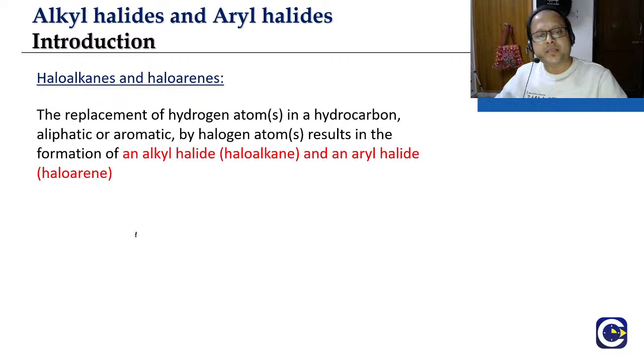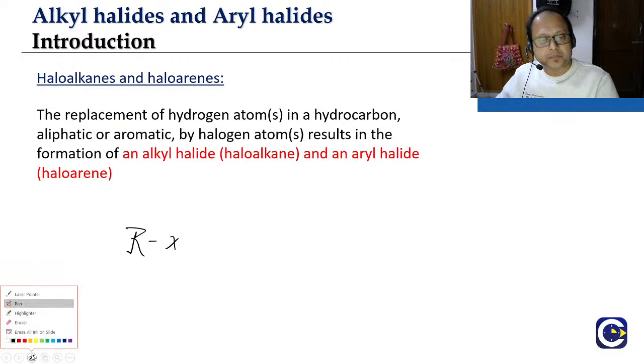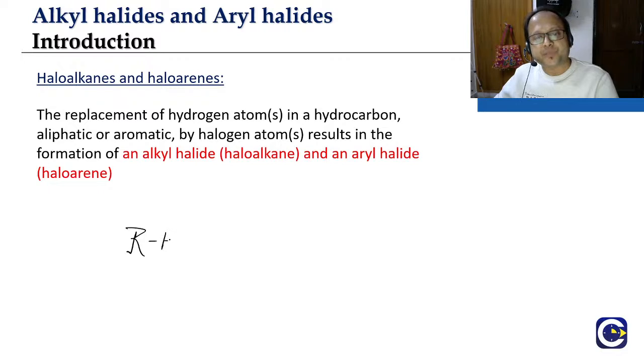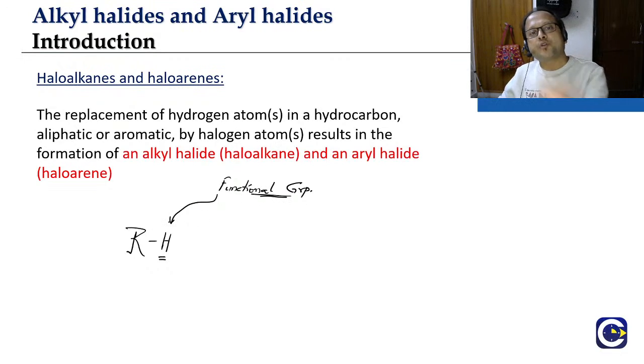Normally we represent alkanes as RH, right? Now if you take this hydrogen out and substitute it with some sort of functional group, then it belongs to a new class of compounds.